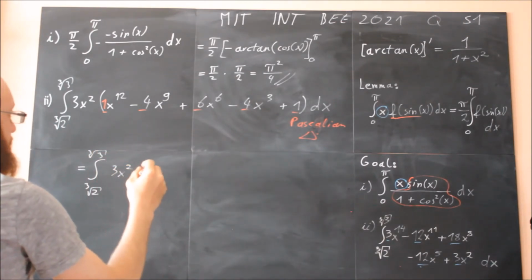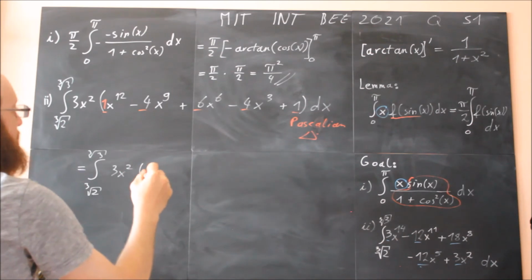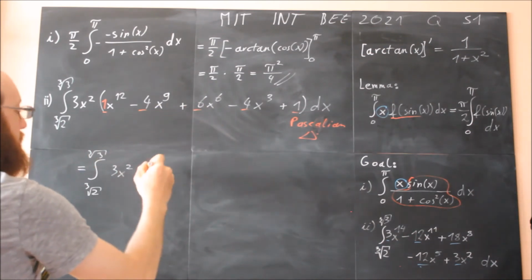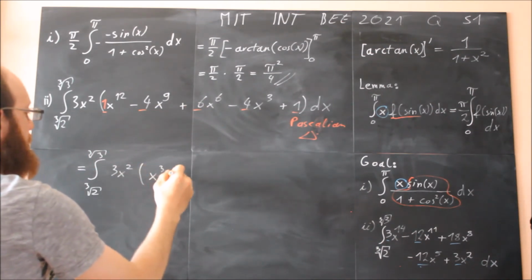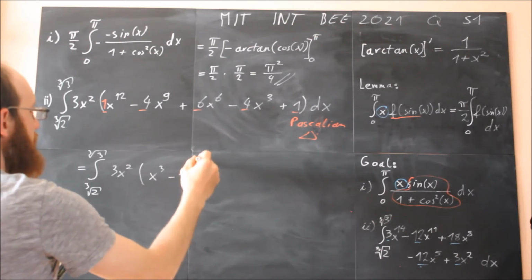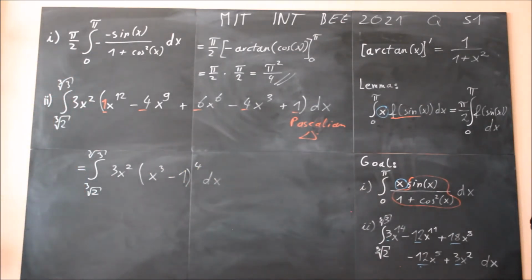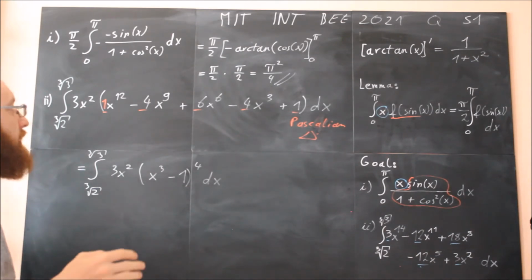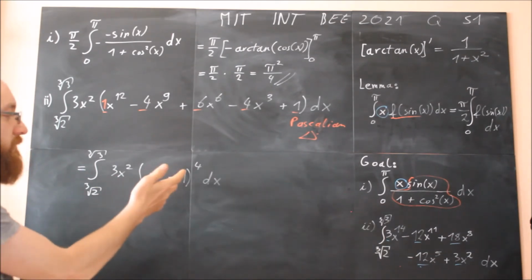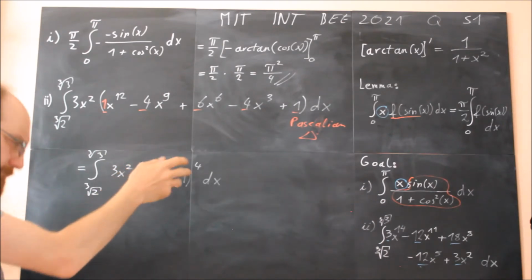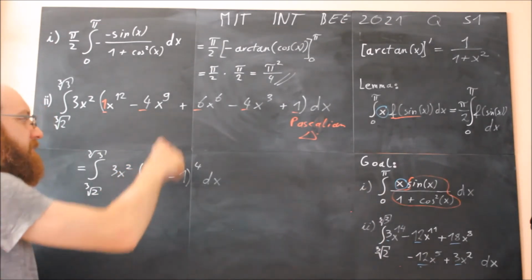3x squared times x to the power 3 minus 1 to the 4th dx. Alright, you can check by yourself that this is correct.